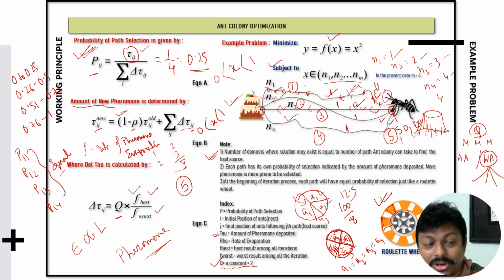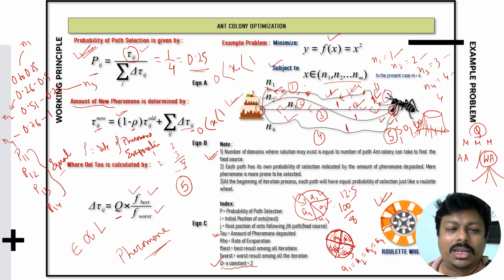So these are the 4 divisions we have made. So 0 to 0.25 represents N1, the first domain of the discrete domain. 0.26 to 0.5 represents N2. 0.51 to 0.75 is N3. 0.76 to 1 is N4.